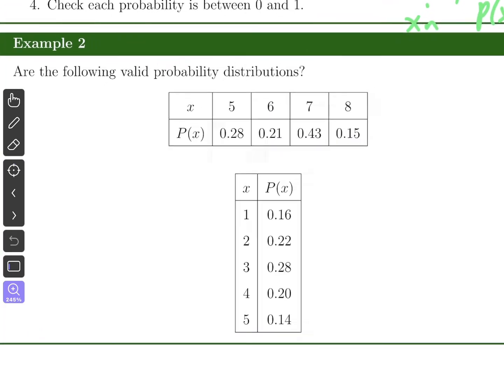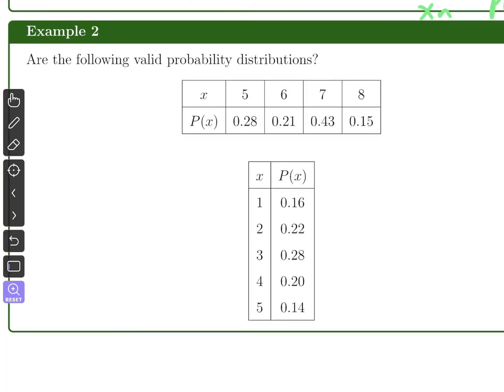So I have two probability distributions. I wrote one in a horizontal table and then another one in a vertical table just to let you know that that's possible. This one is mostly to save on space when you're typing things out because it doesn't take up as much vertical space. This one takes up a lot of vertical space. All right, but I want to determine whether this is a possible probability distribution, meaning does it satisfy all the conditions that I've talked about?